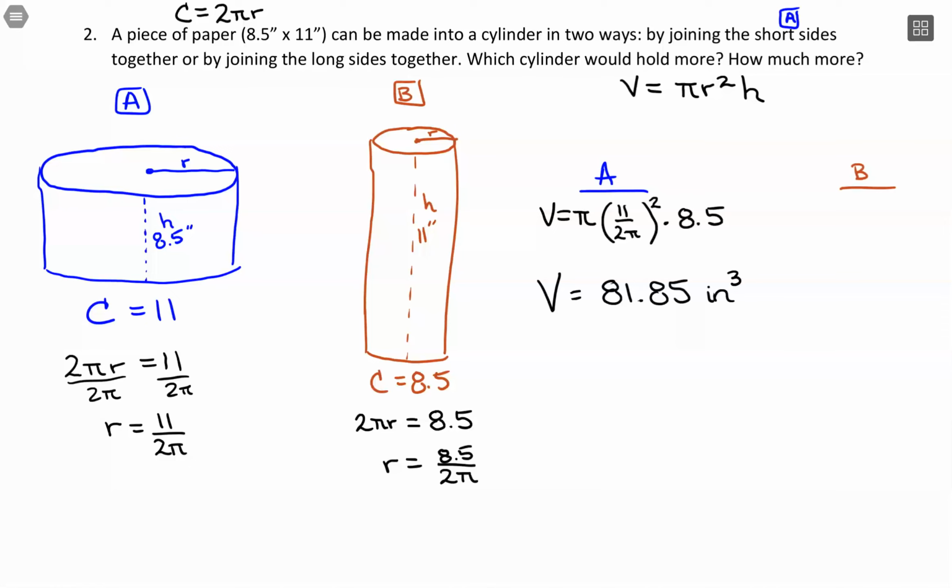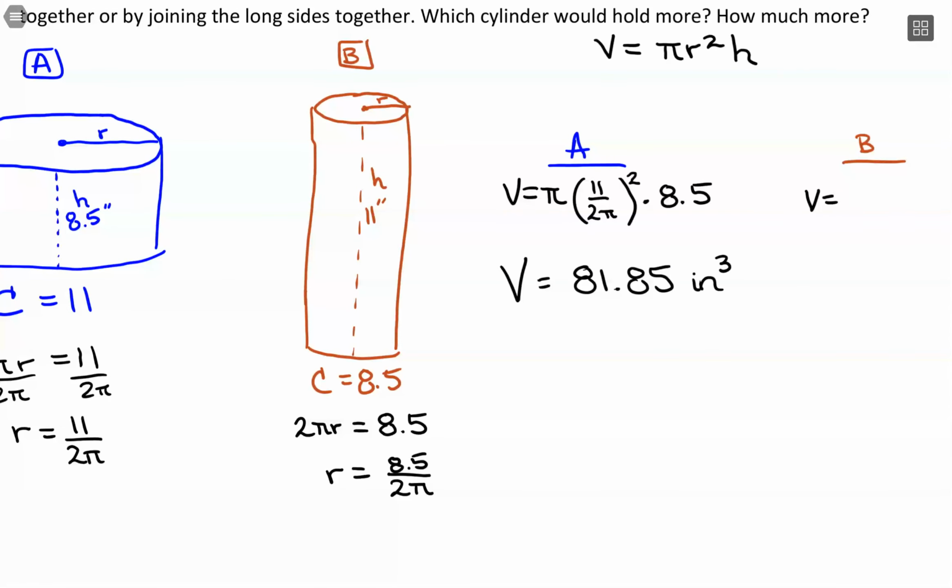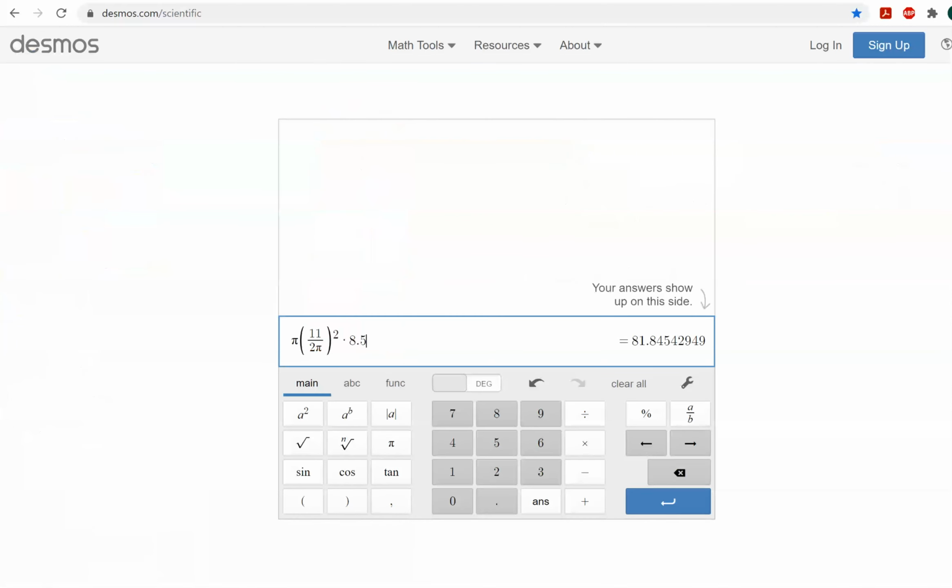Now let's get the second volume. I didn't leave myself much room over here, so I'm just going to draw a little line. Volume. Similar setup, but our radius will be different. So the radius is 8.5 over 2 pi, and that'll be squared, and then times the height, which is 11. So I'm going to go back to the Desmos Scientific Calculator.